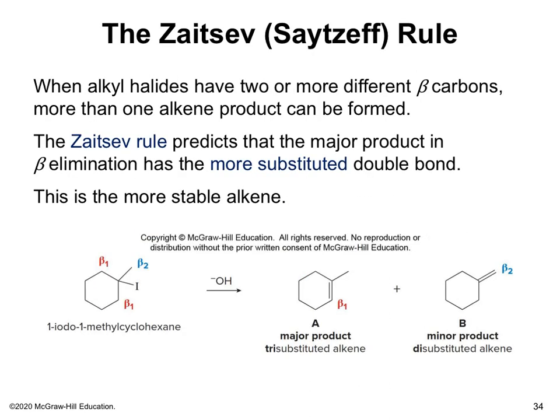Okay, so remember I said that sometimes you'll see this written with a Z, and sometimes you'll read it with an S. Okay, it's a Russian name, Zaitsev's rule. All it states is the more substituted double bond will be your major organic product.